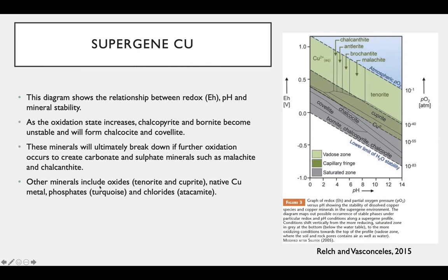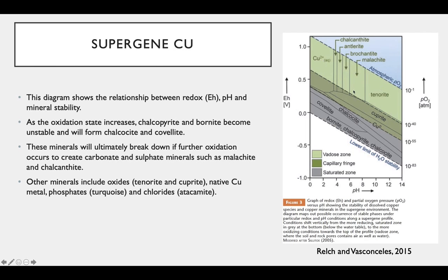So here's just a diagram looking at supergene copper and the stability of copper relative to redox conditions and pH. So down here we can have our standard chalcopyrite we'll take, for example, or bornite. If we increase the oxidation, we progressively find covellite, chalcocite, and we might just get cuprite as we go towards atmospheric conditions.